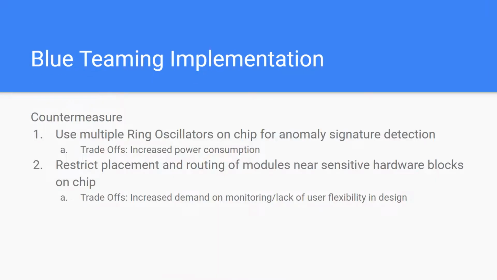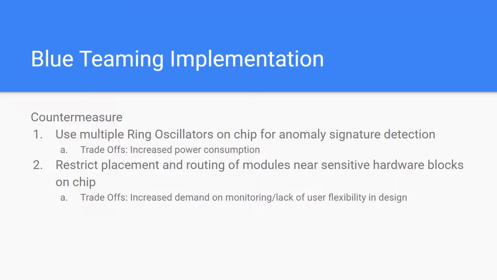In terms of defending against this attack, there are a few different countermeasures. The main countermeasure is to actually use multiple ring oscillators spread out throughout the chip to detect any anomalies in the hardware. Instead of using the ring oscillators to attack, we can use them to defend.